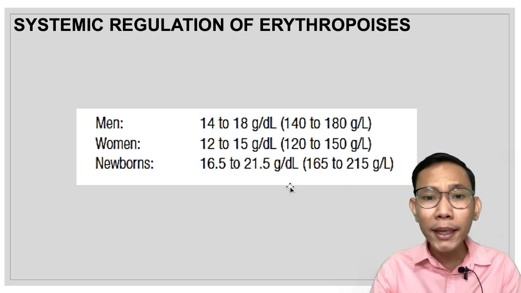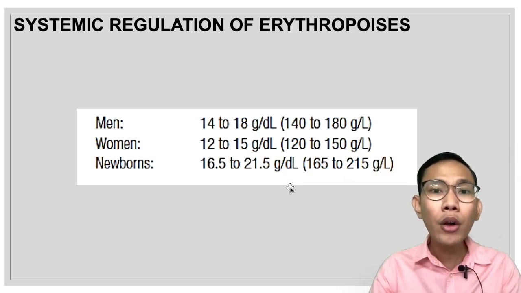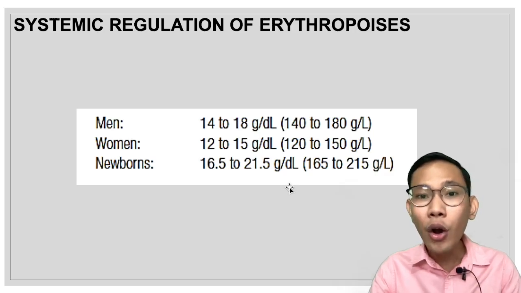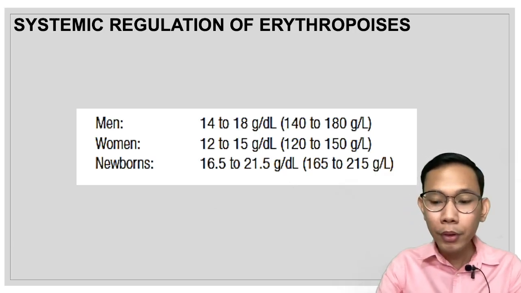So, compensatory mechanism, increase natin ang production ng ating RBC para mas maraming hemoglobin ang capable na mag-attract ng ating oxygen. Okay?